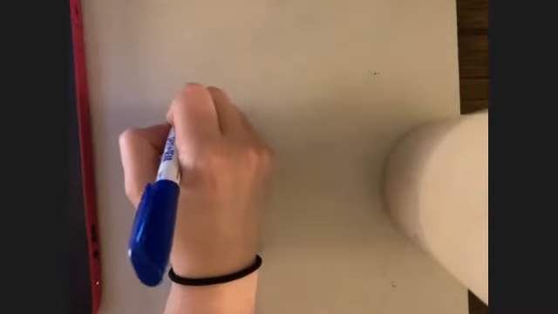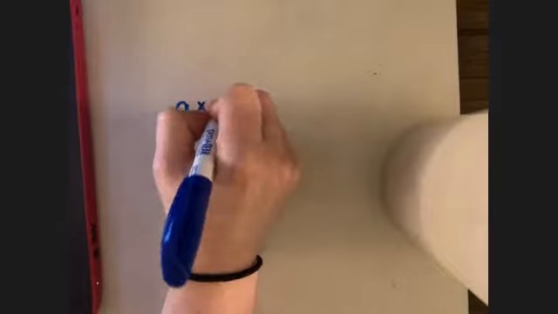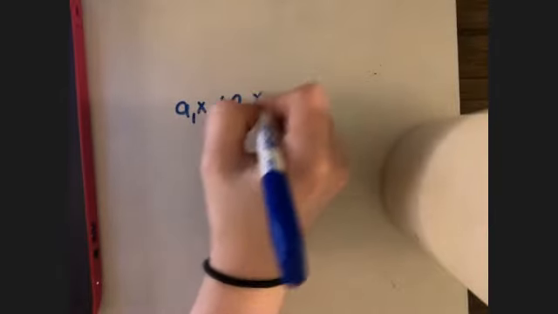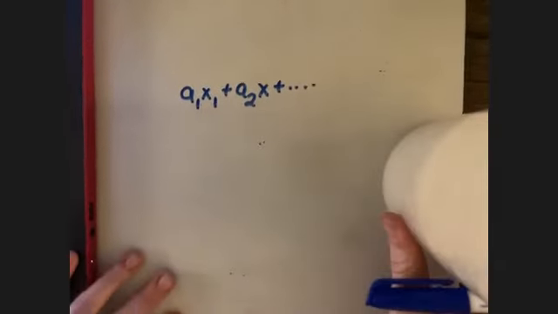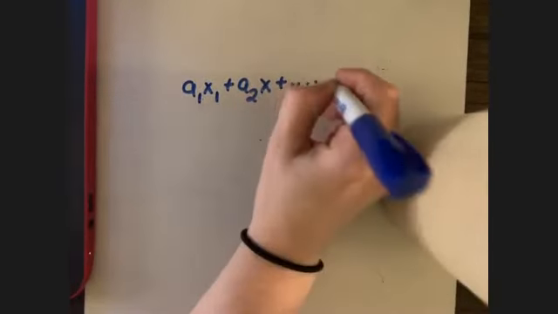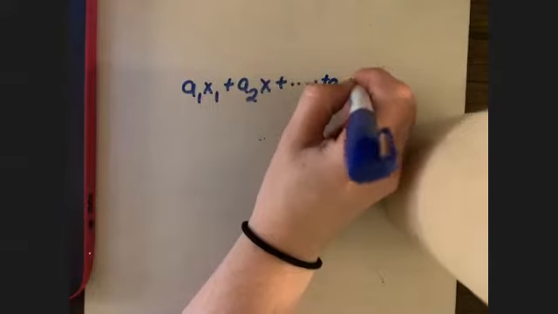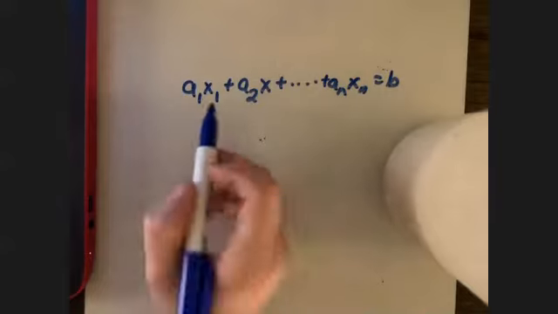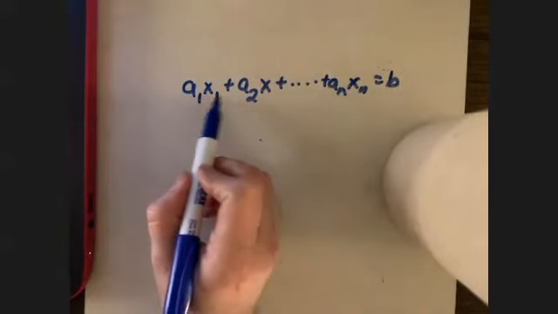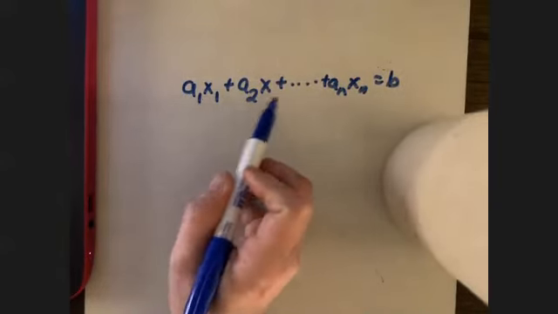So when we have linear equations, okay, we are basically talking, let's get that straightened up a little. Okay, now this may be something like 3x plus 8x minus 5x or something like that.